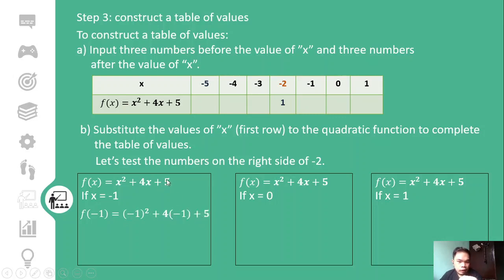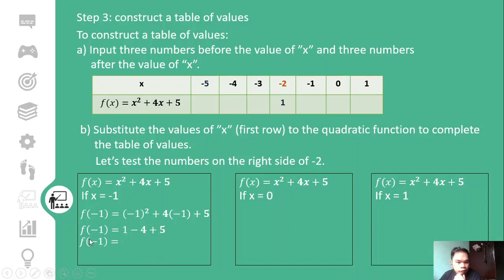Okay, wala tayong ilalagay na negative 1 sa tabi ni 5 because 5 is constant. Then, f of negative 1 is equal to negative 1 raised to 2 is equal to positive 1. Positive 4 times negative 1 is equal to negative 4, and then copy positive 5.